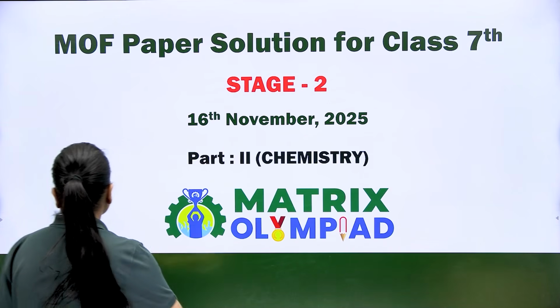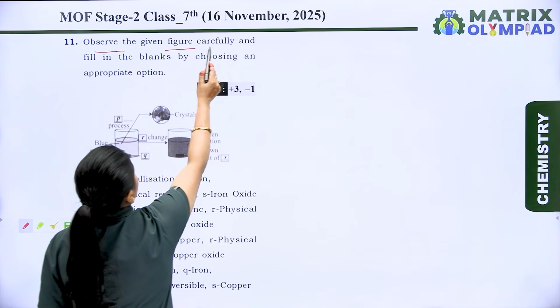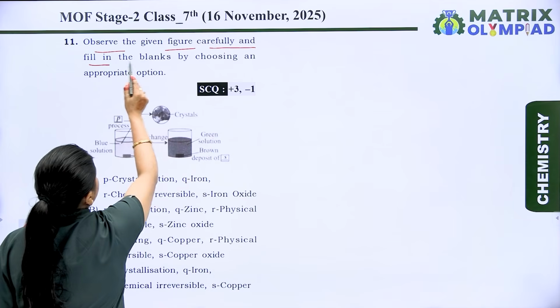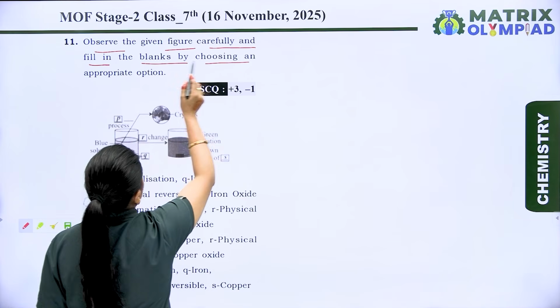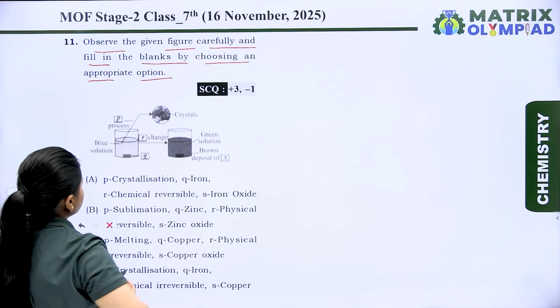Now we are going to discuss part 2 chemistry for class 7th. Let's discuss the questions. Observe the given figure carefully and fill in the blanks by choosing an appropriate option.